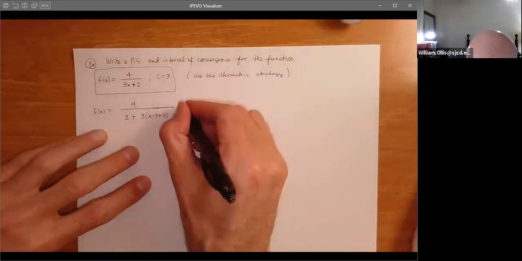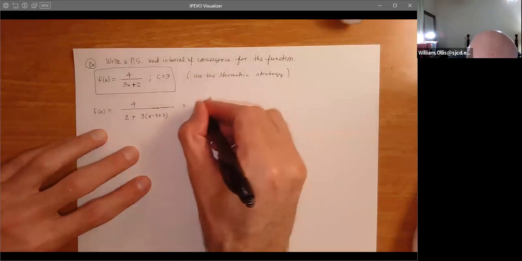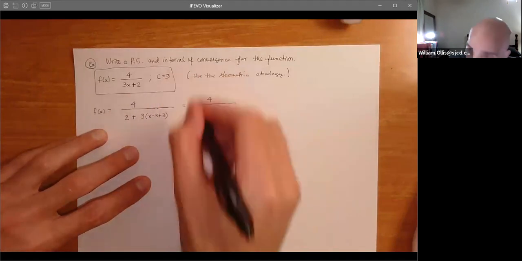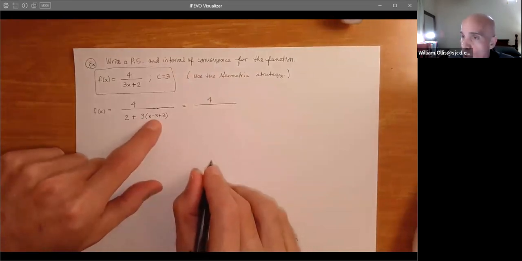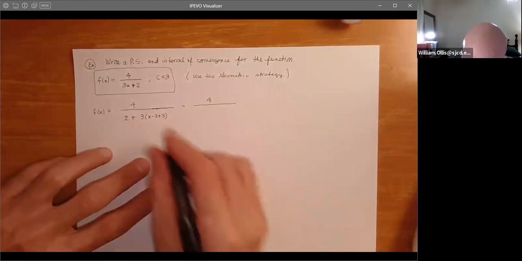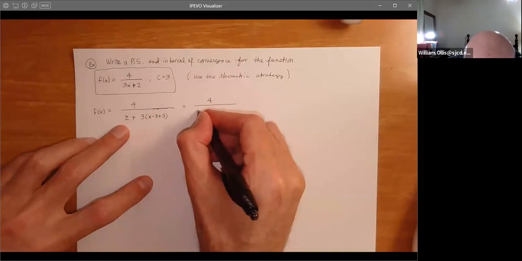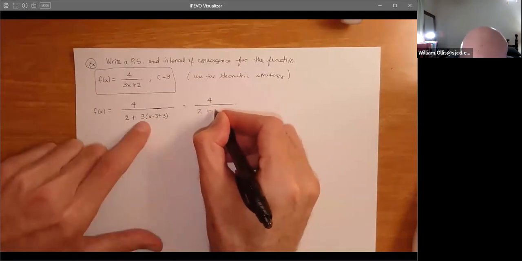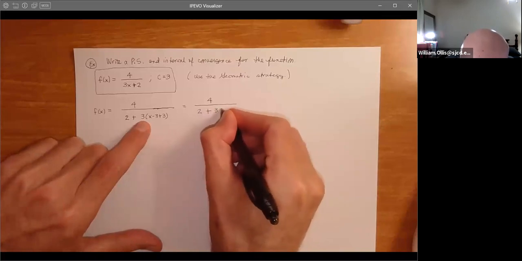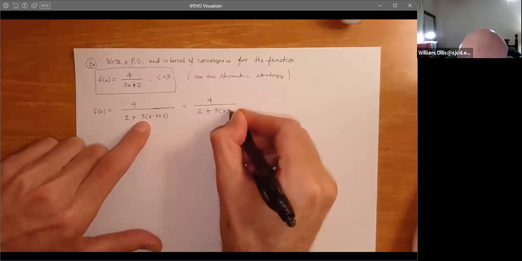So now let's just do basic algebra. So for the type of problem here, the first thing you need to do is introduce the new center. Always do that first. That's kind of like what you did in college algebra when you were shifting things around. So now what does this give us? This gives us a 2 plus, so now we've got the 3 times the x minus 3.